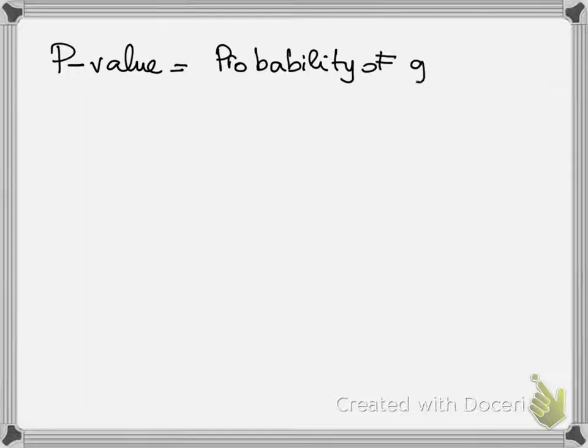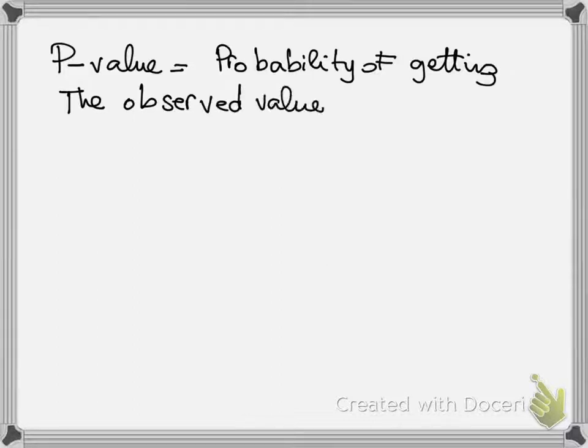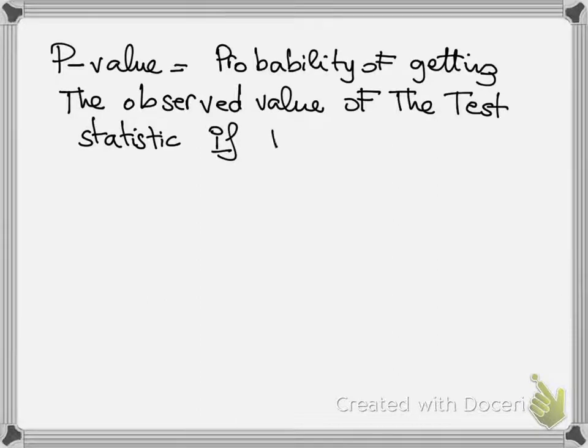Now comes the p-value. The p-value is the probability of getting the observed value of the test statistic if the null hypothesis is true.